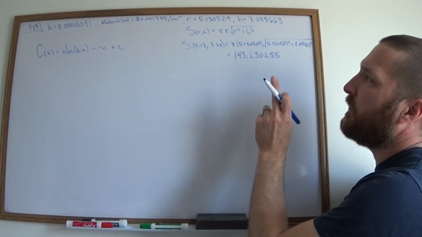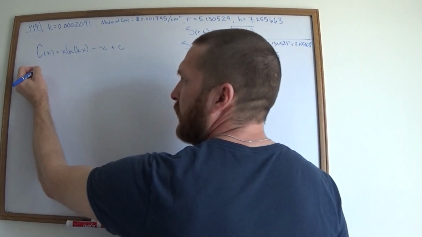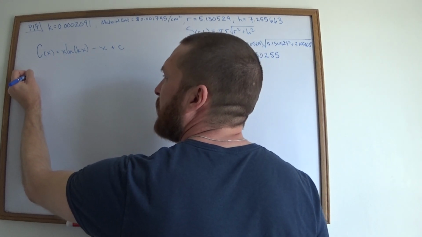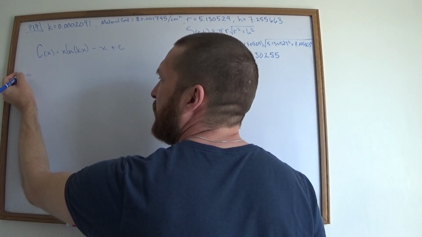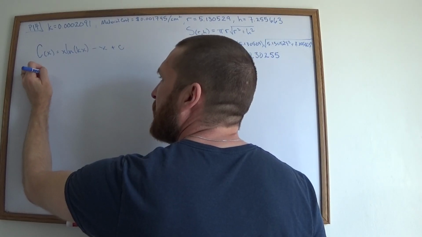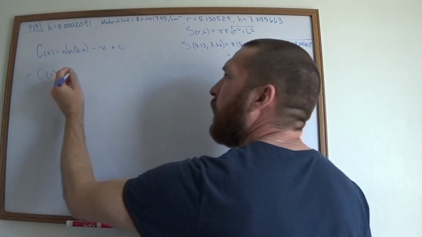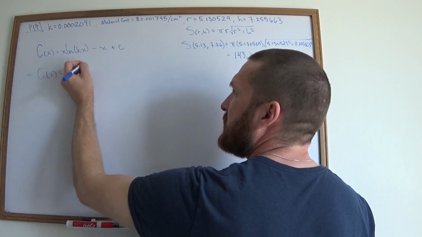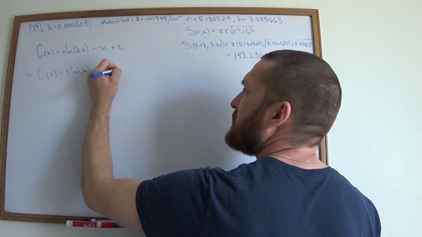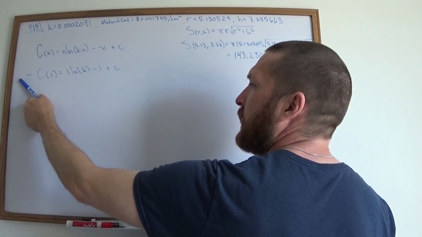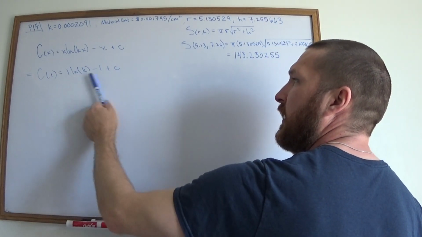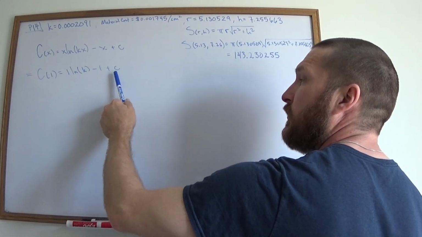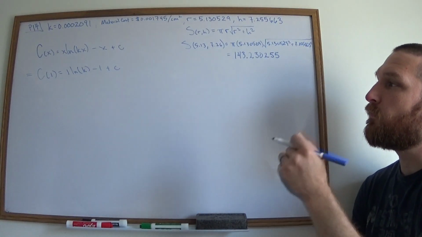If we find the price of one cone, if we know what the cost to the company is for one cone, then we plug in a 1 and we'll get 1 log k times 1 is 1, minus 1 plus c. If we know what the cost of one cone is, then we have k, we'll be able to plug that in, we'll be able to solve for c.